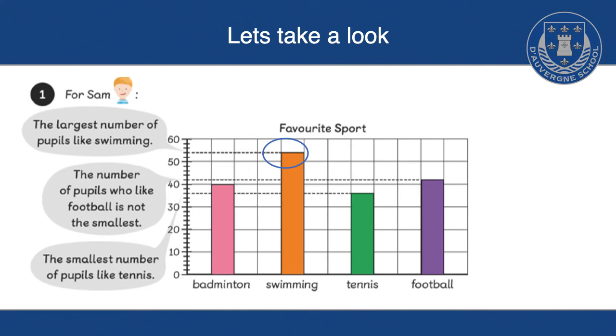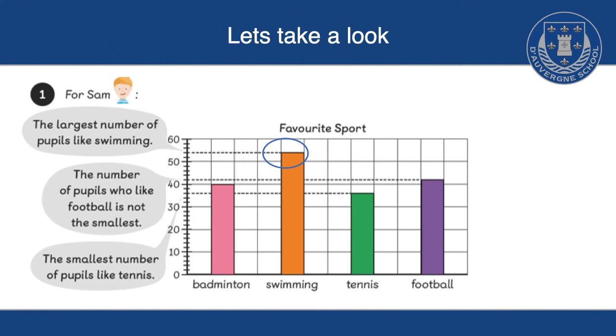If we look at the scale, the big numbers are counting on in tens, but what are the little markings going up in? They're going up in 2s. So if we were to count how many exactly prefer swimming, it would be 54. So 54 pupils prefer swimming. He was right, the largest number do prefer swimming.